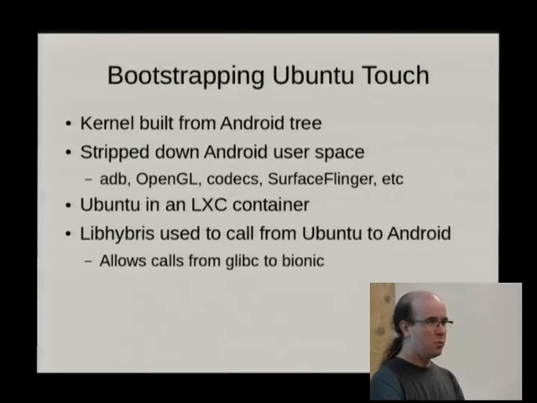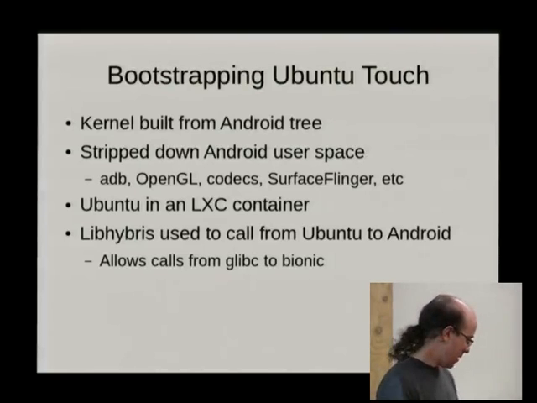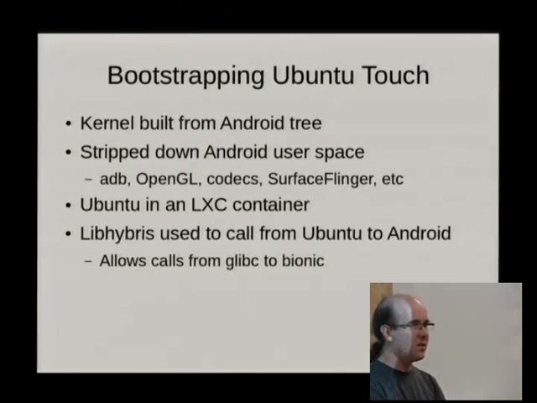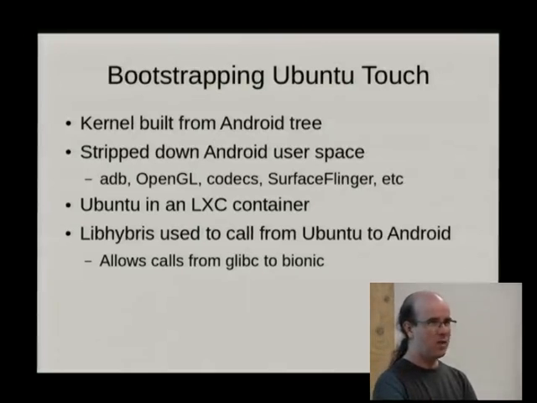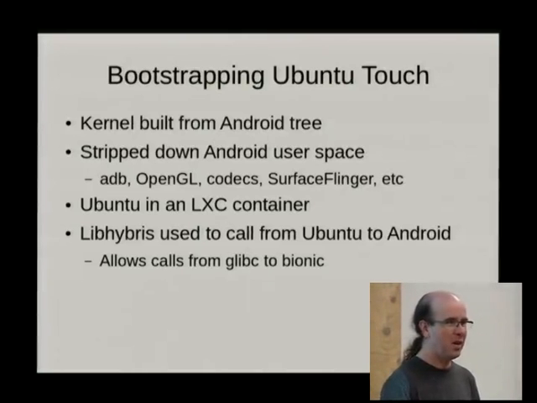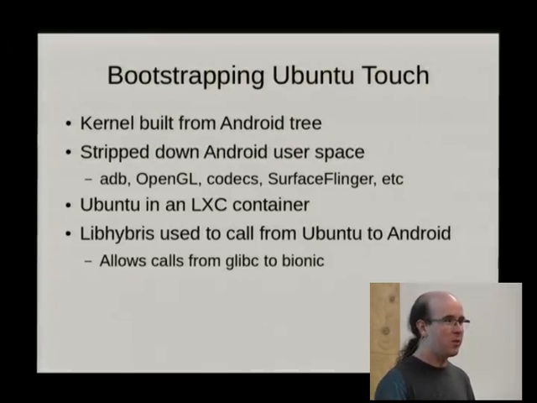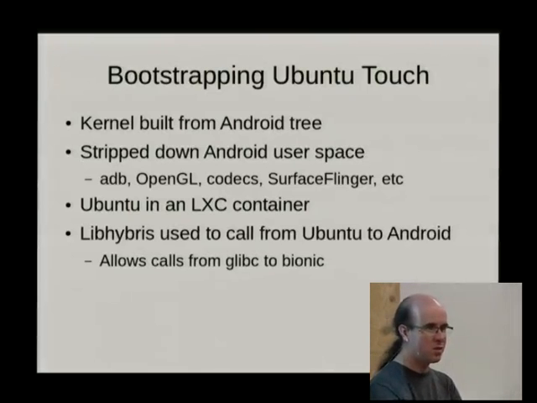In order for the Ubuntu half to talk to the Android half, it's using a library called libhybris. Part of the problem is that Android, given that they try to keep as little GPL or LGPL code in user space, actually uses its own C library called Bionic, which is not binary compatible with glibc, which you're generally using.